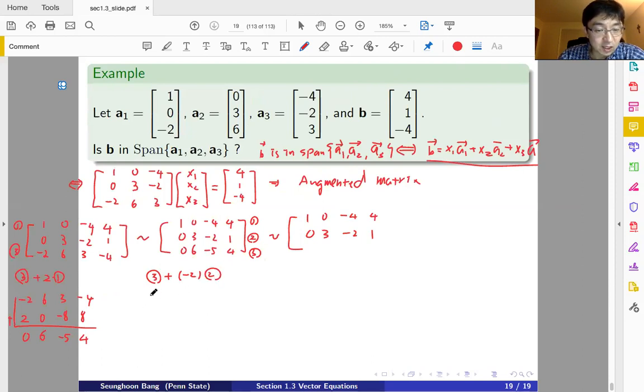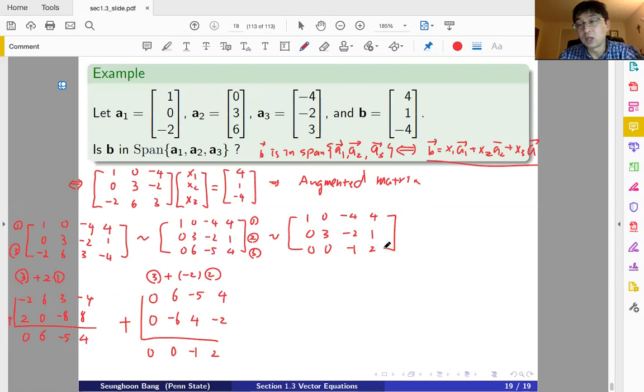The third row is 0, 6, negative 5, 4. Negative 2 times the second row is 0, negative 6, 4, negative 2. You add these two equations: 0, 0, negative 1, 2. So we have 0, 0, negative 1, 2.